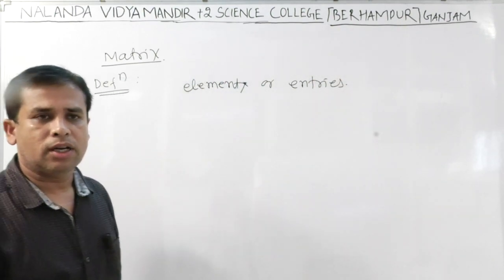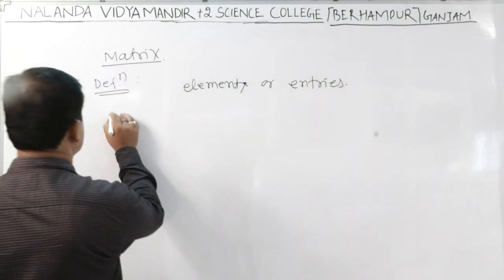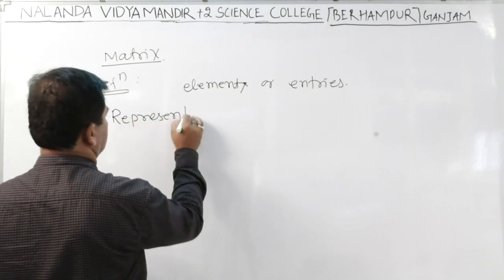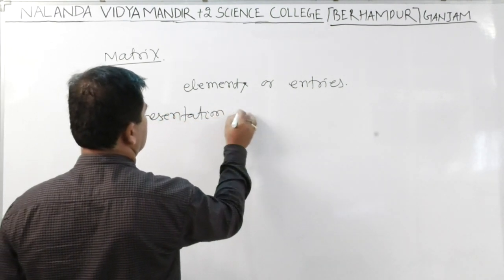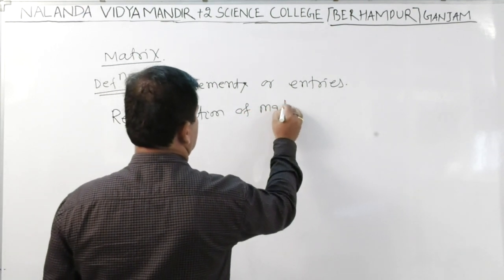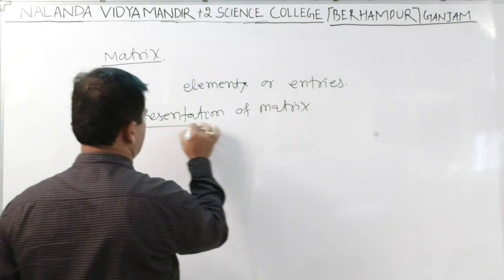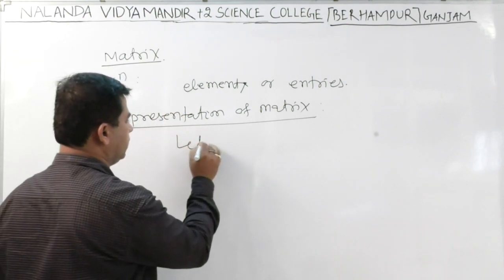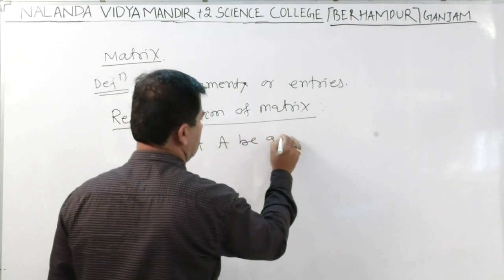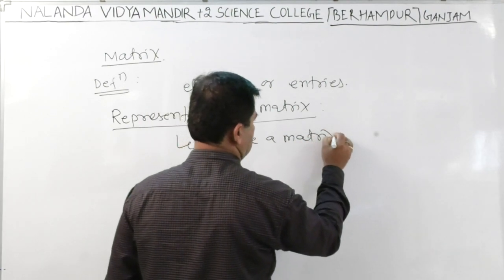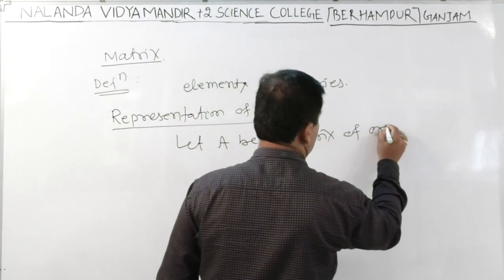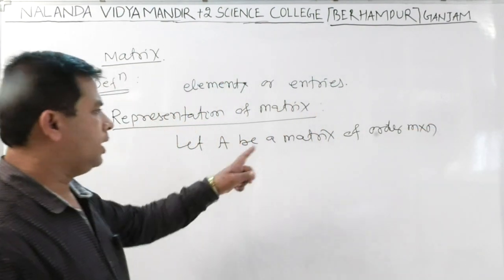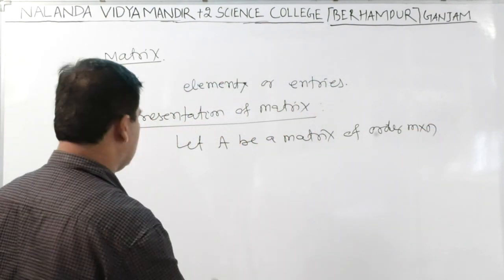Now, representation of a matrix. Let A be a matrix of order m cross n.